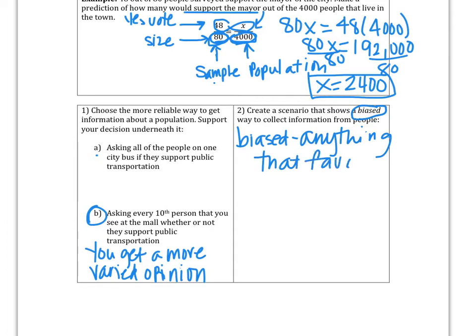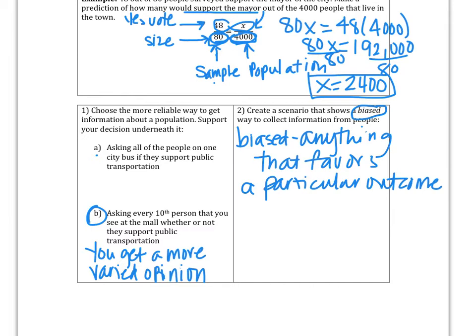So for example, a second particular outcome. If we were to go to, let's say, your local skate park, and ask everyone there if they think the city should allow skateboarders to skate anywhere, that's going to be biased because you're asking only those that are at the skate park.